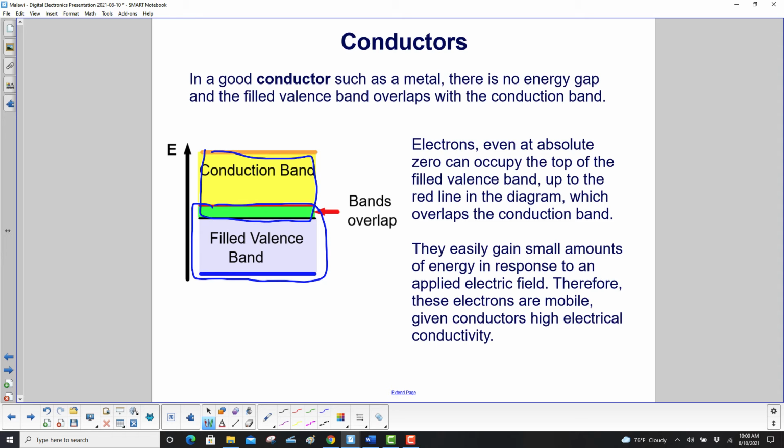Electrons, even at absolute zero, can occupy the top of the filled valence band up to the red line in the diagram. You know what? Let me erase that so you can see that better. There we go. They can easily gain small amounts of energy in response to an applied electric field.